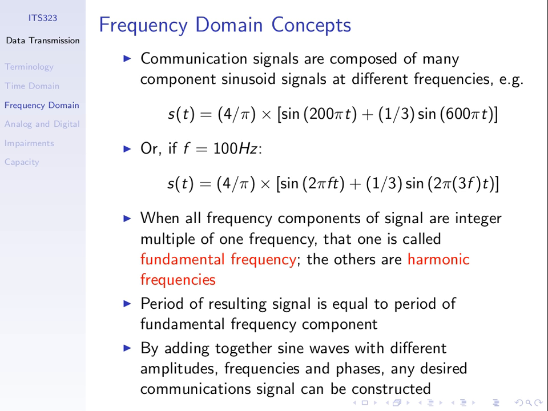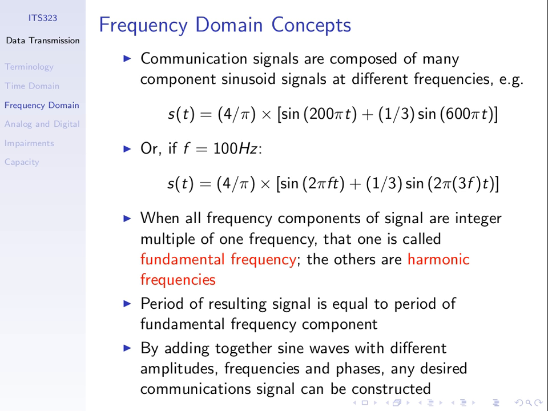In this specific example, we note that the frequency of component 2 is in fact 3 times the frequency of component 1. Okay, 3 times 100.